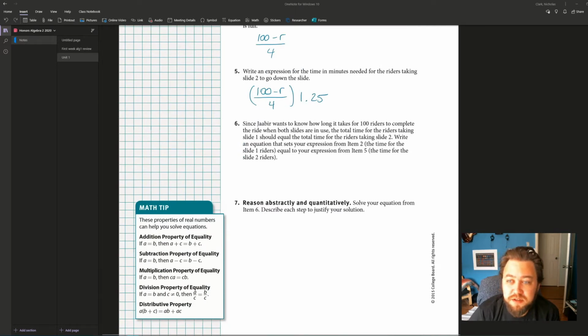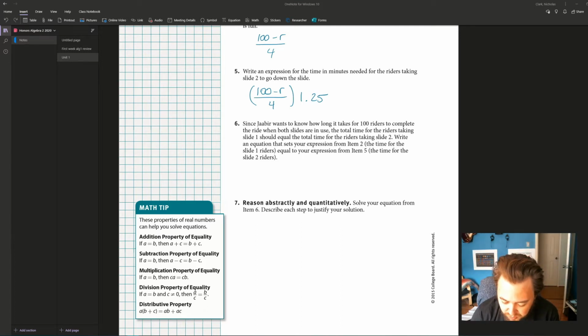Jabir wants to know how long it will take for 100 riders to complete the ride when both slides are in use. The total time for the riders taking slide 1 should equal the total time for the riders taking slide 2. Write an equation that sets your expressions equal. Okay.